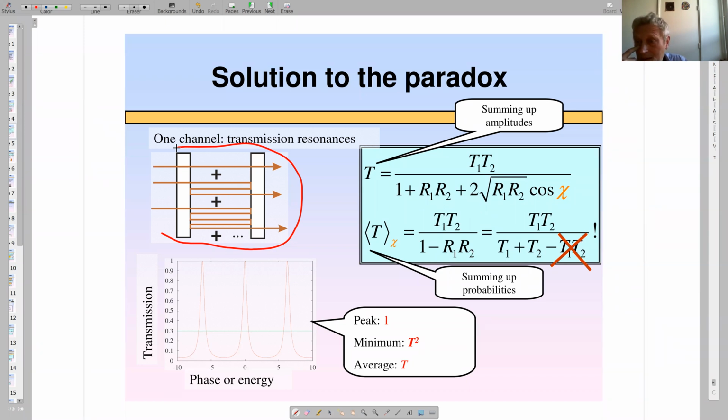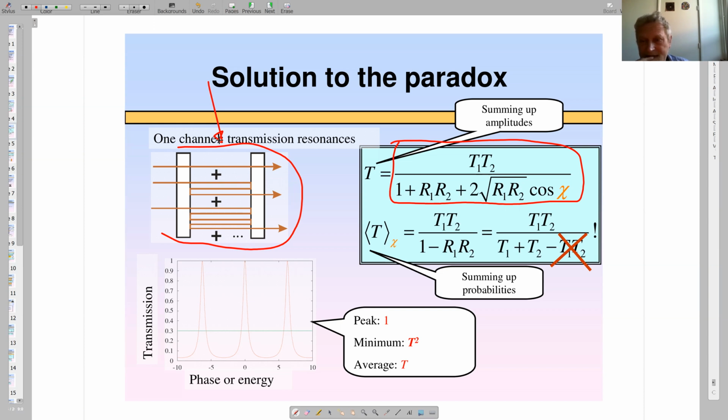We sum up amplitudes rather than probabilities, and we end up with this expression, which also depends on the phase factor, something which is not present in either A or B, something which unites these two. So the spacing between these two contacts is described by an extra phase factor chi.